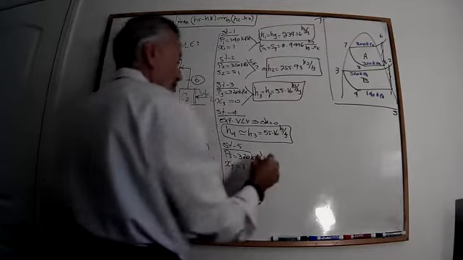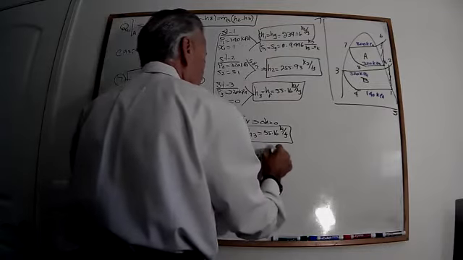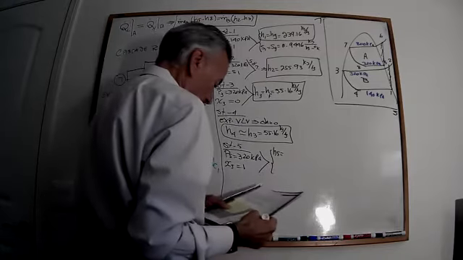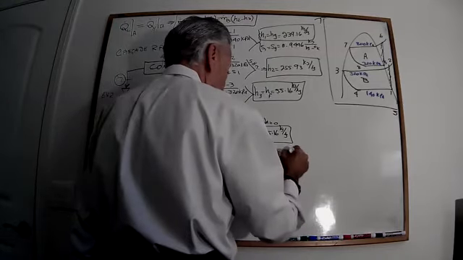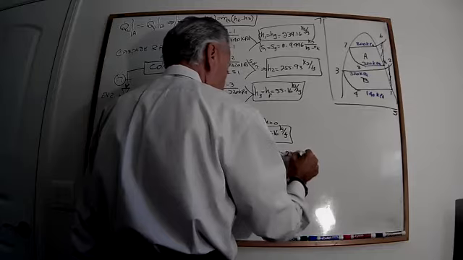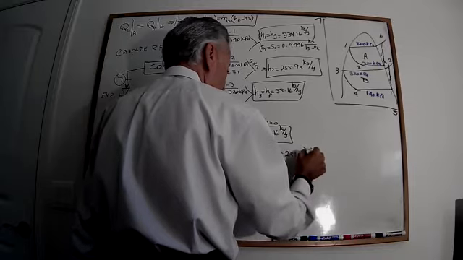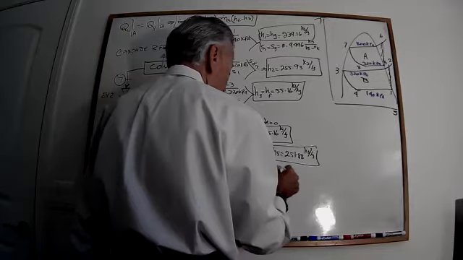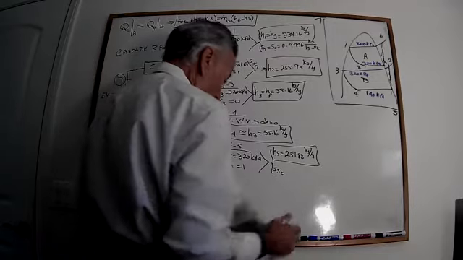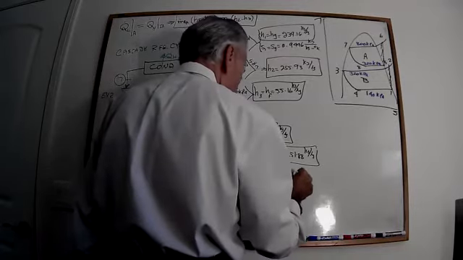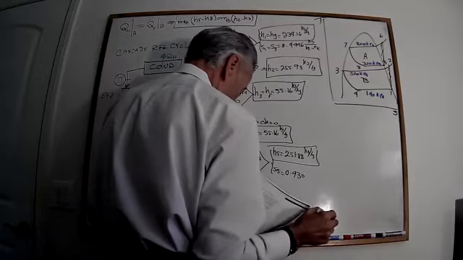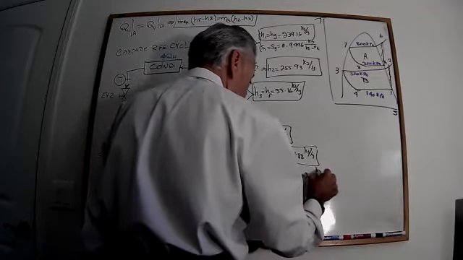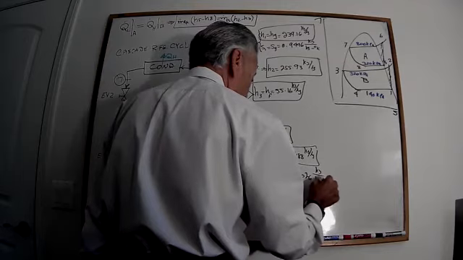H5 would be H of G. In this case, H5 value becomes 251.88 kilojoule per kilogram, and value of S5 would be 0.93026 kilojoule per kilogram degree Kelvin.